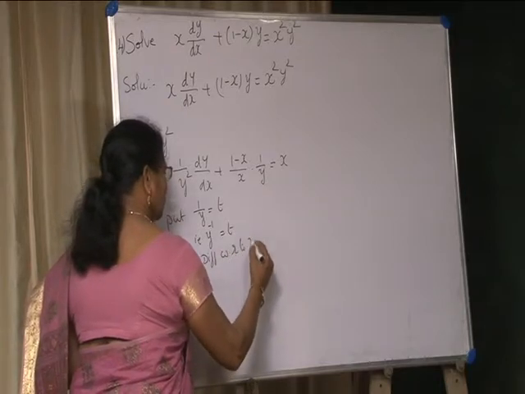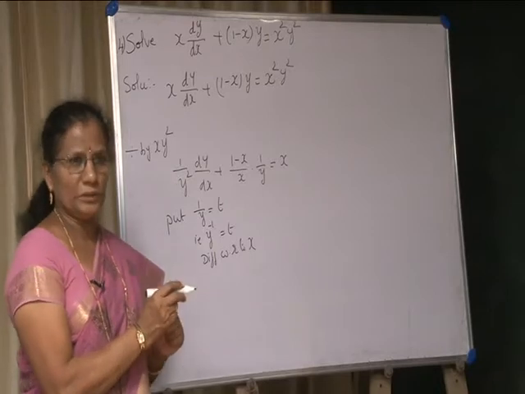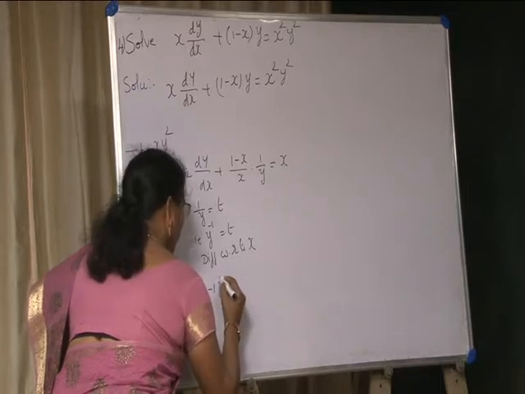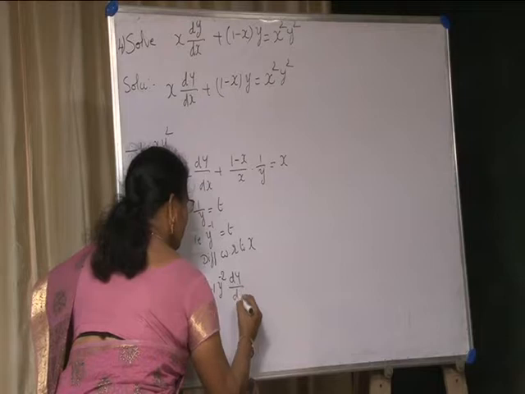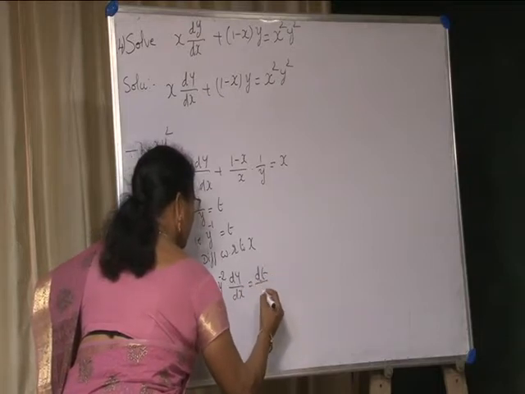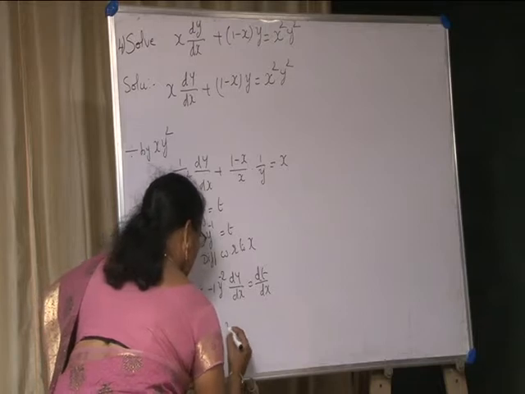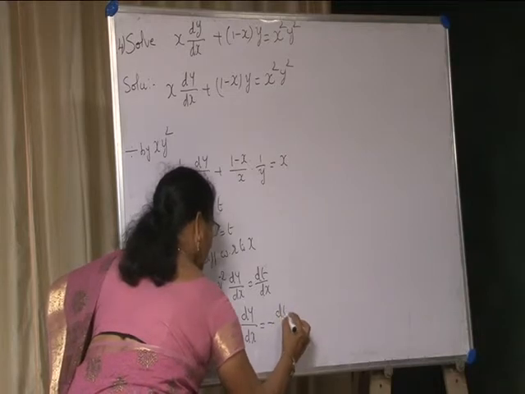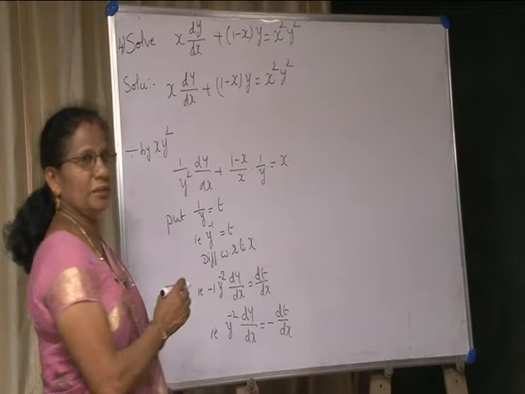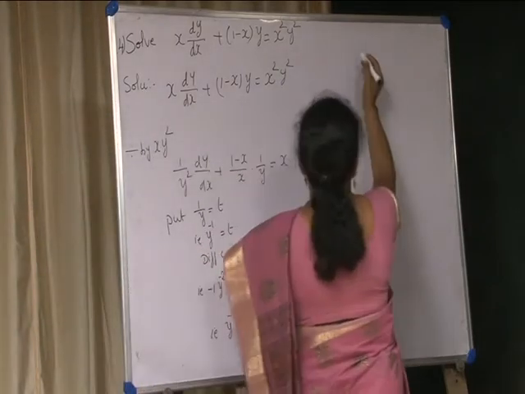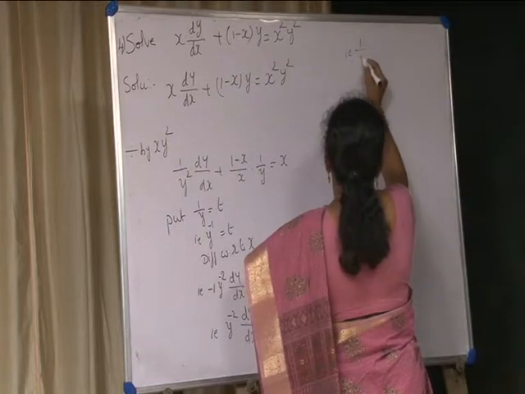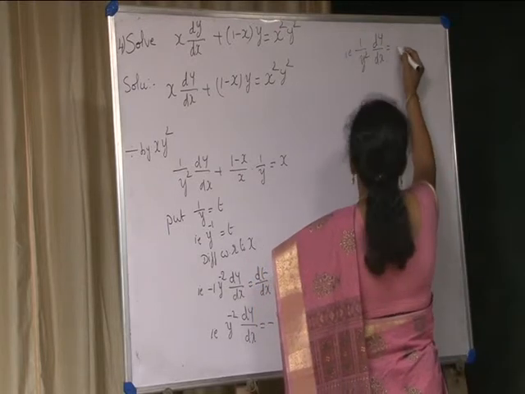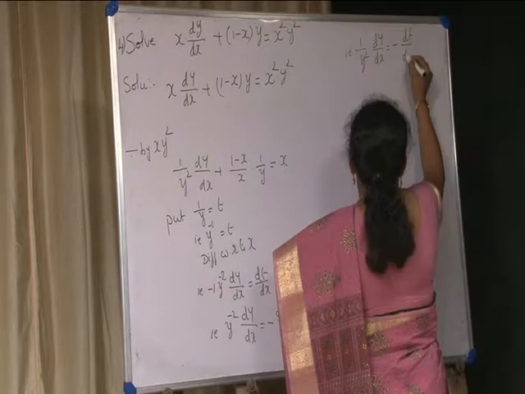Differentiate with respect to x, that is minus 1 y to the power of minus 2 dy by dx is equal to dt by dx, that is y to the power of minus 2 dy by dx is equal to minus dt by dx, that is 1 over y squared dy by dx is equal to minus dt by dx.